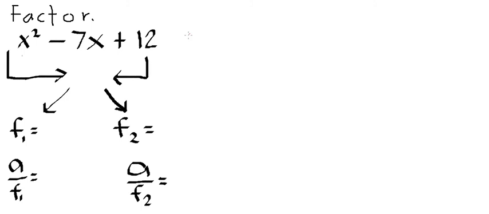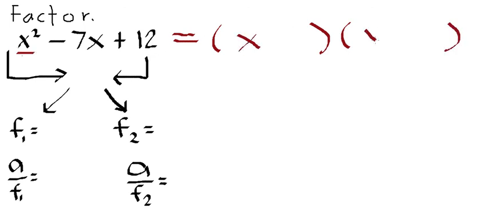So, lagyan natin ng two sets of parentheses. Factors ng x squared ay x and x. Tapos, ang a mo ay 1, ang b mo ay 7, huwag mong pansinin yung sign, at yung c mo ay 12.